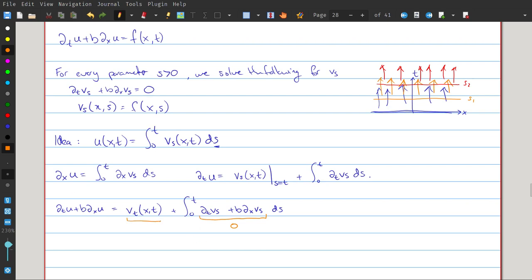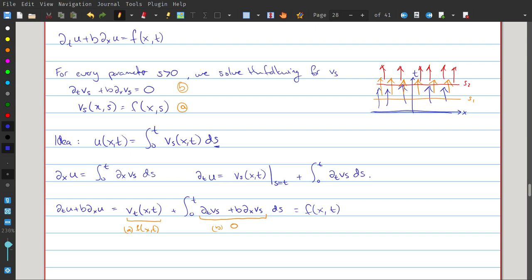And we know that when the parameter and the time are equal, it's equal to the inhomogeneous term at that particular time. So this gives us f of x comma t. Right, maybe I'll call them A and B, like so. So those two properties apply like that. And we end up with just the inhomogeneous term. So this shows that u is in fact a solution of the inhomogeneous transport equation.